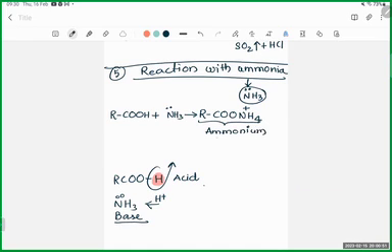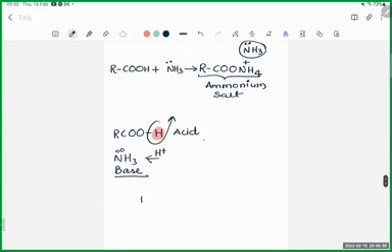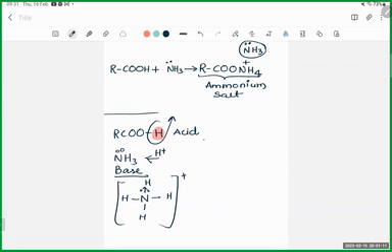Is this clear, Hridaya? You can see hydrogen is accepted by NH3. When NH3 takes the hydrogen, a coordinate bond is generated between the nitrogen and hydrogen atoms. This is called the ammonium structure. Are you clear, Hridaya? This is for your information.